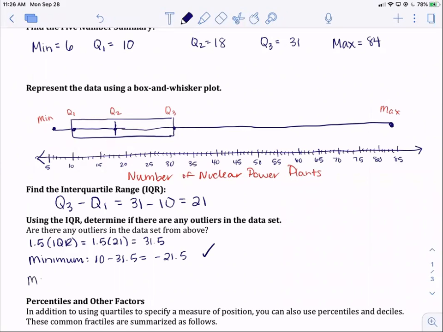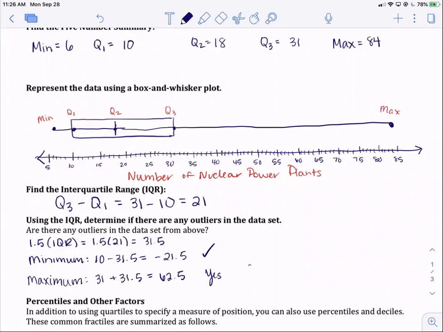So then for our maximum, we're going to do Q3, which was 31, plus 31.5, which gives us 62.5. Do we have any data entries greater than 62.5? Yes.